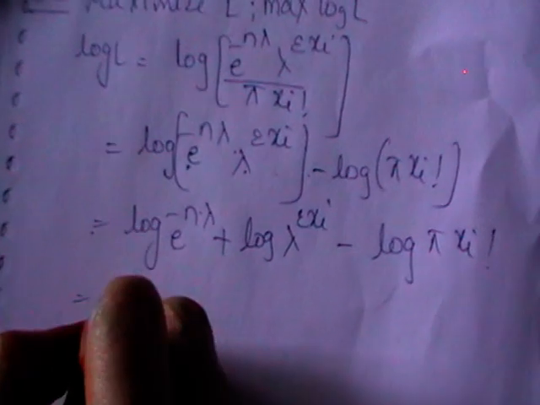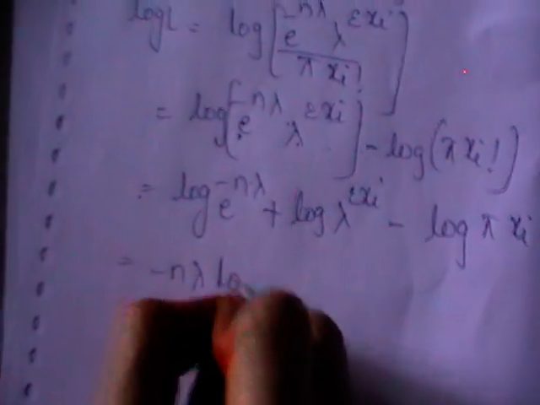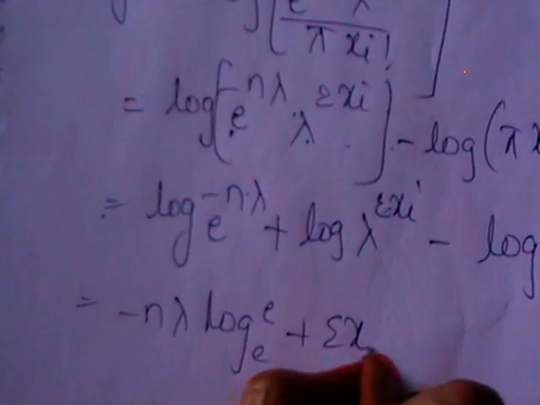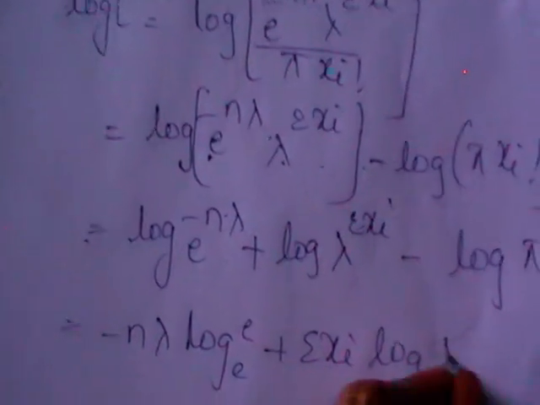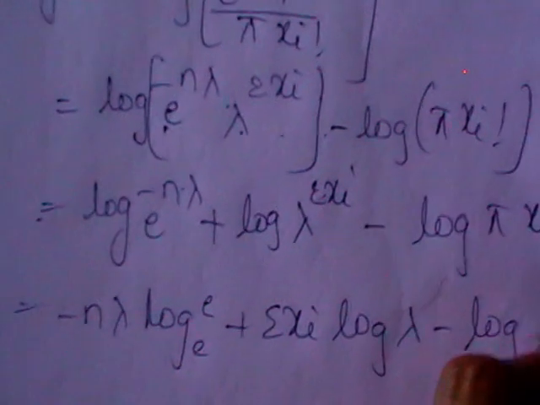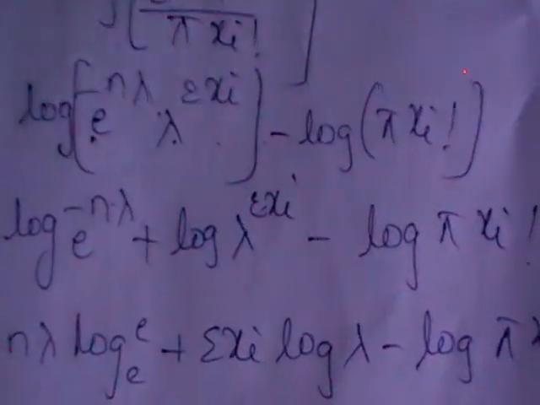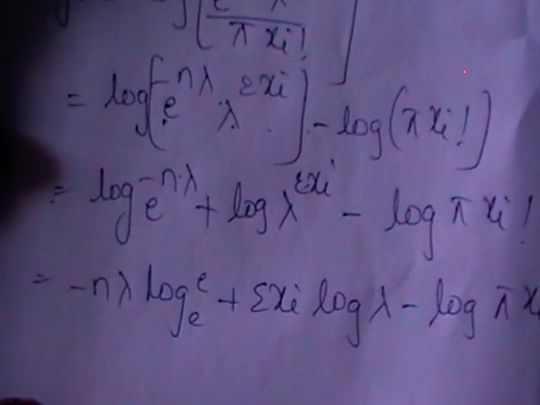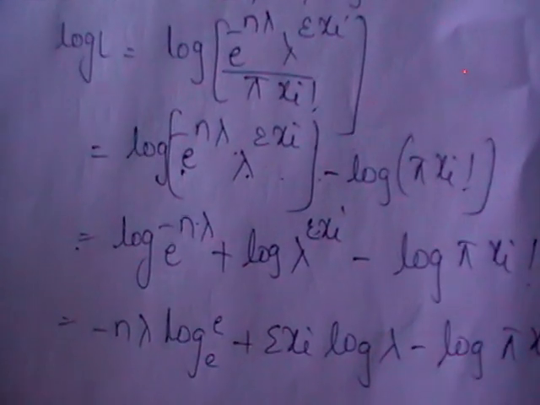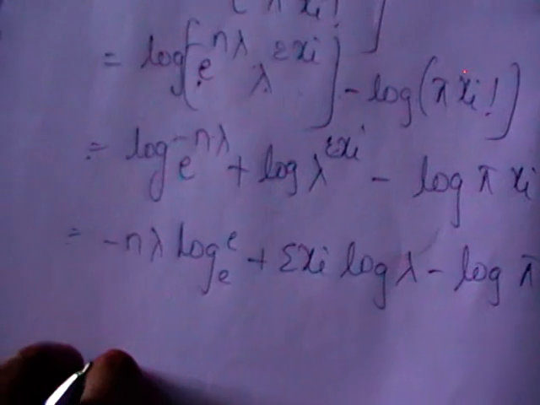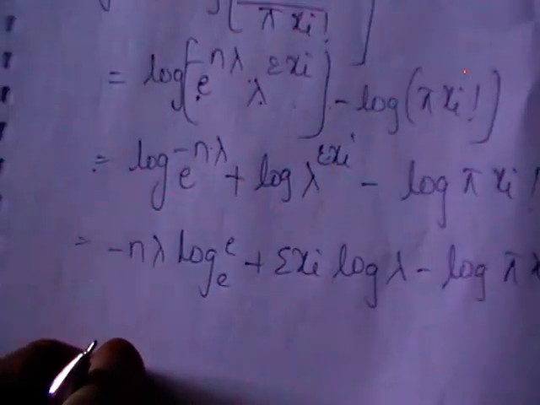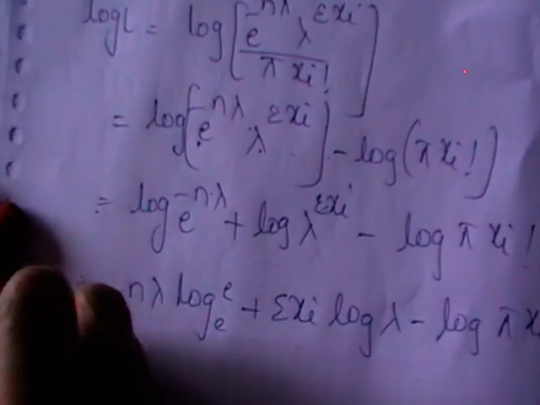Again you can take this minus n lambda here, minus n lambda log e to the base e, and sigma xi log lambda, minus log product, which gives log L. Since you need to maximize L, it consists of e powers and exponentials. Maximizing L will be difficult. So instead of maximizing L, we maximize log L. So find the simple expression for log L.